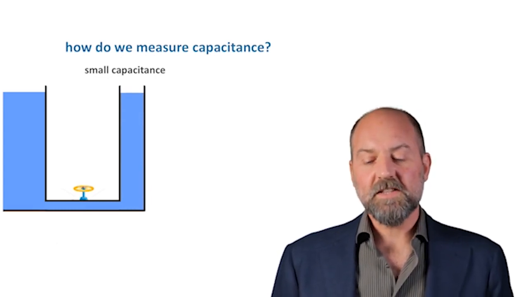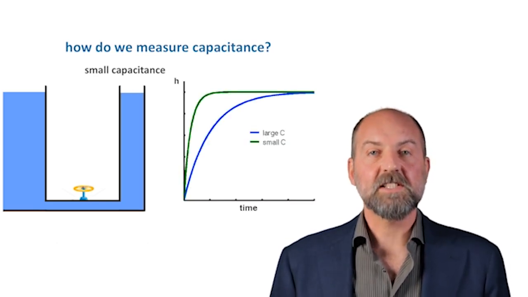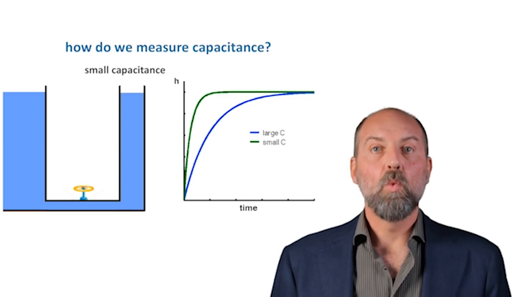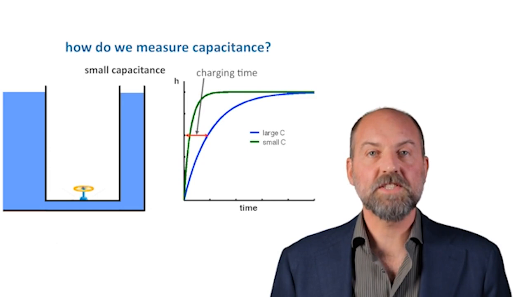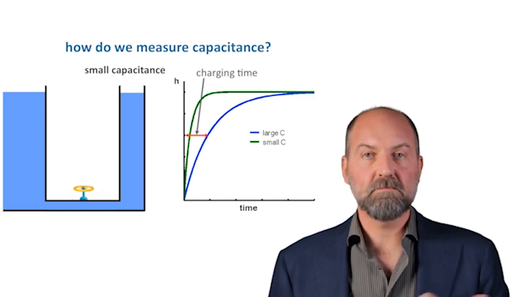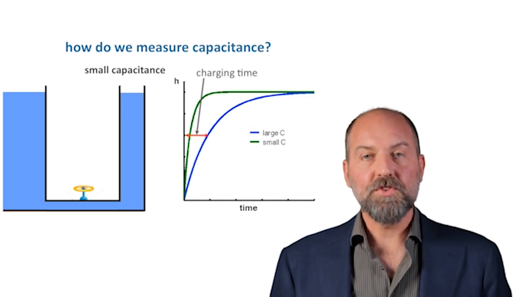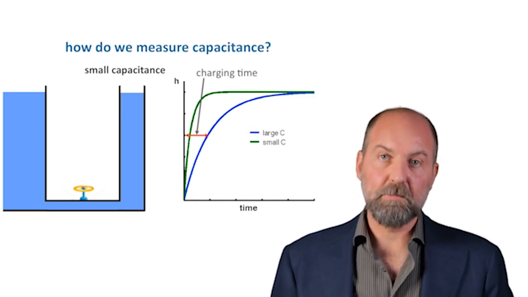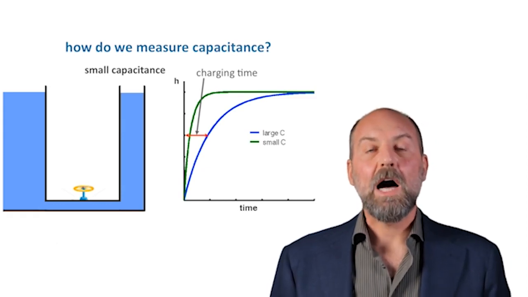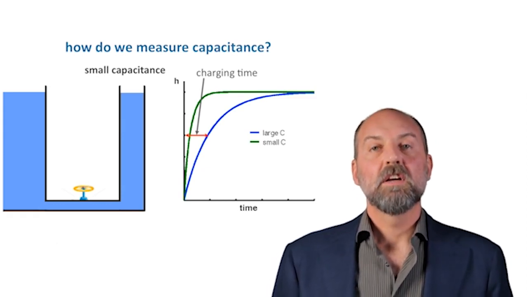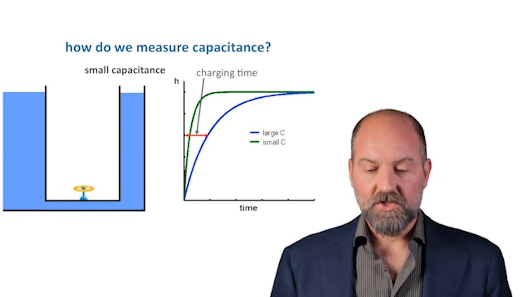So the idea is that if we want to measure the size of our tank, one possible way of doing so is by measuring the charging time. We may set up a certain arbitrary threshold value of water level, and we may wonder how long it takes before that water level is reached.